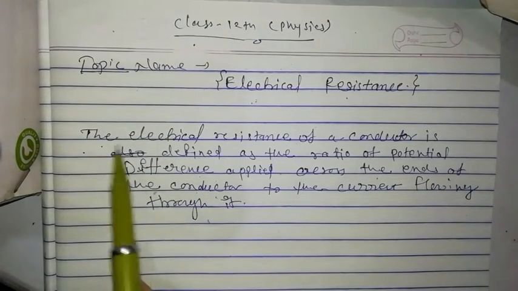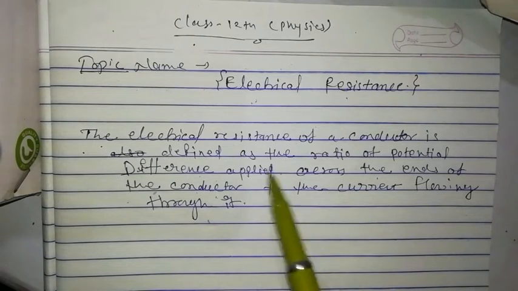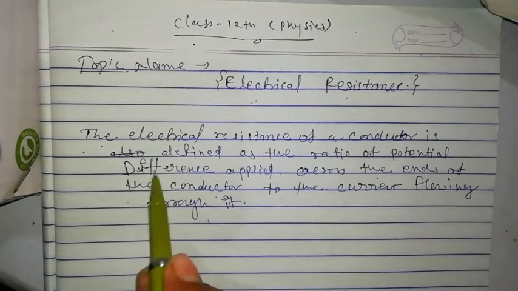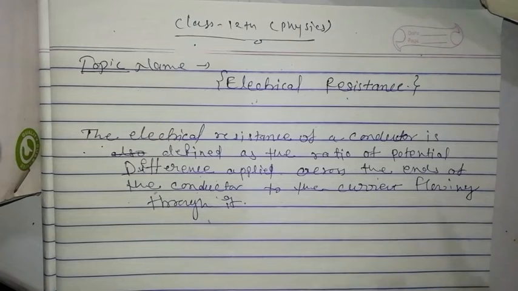Repeating again: the electrical resistance of the conductor is defined as the ratio of potential difference and the current flowing through it.